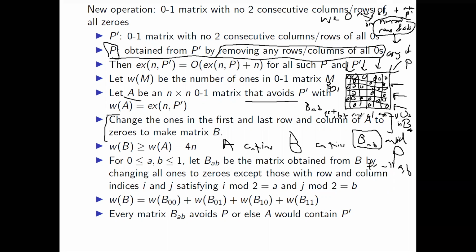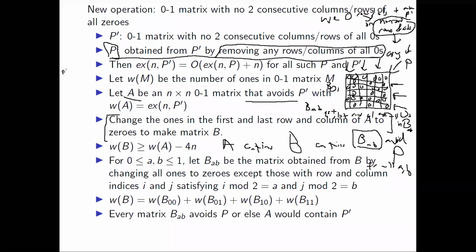And we also have an extra first row and extra last row, and the first column and last column of A that we turn to all zeros, and we can use those if our matrix P prime needs them. For example, here's one.